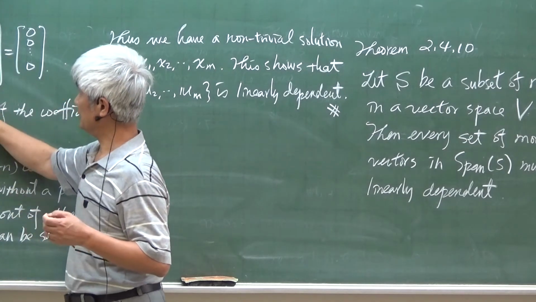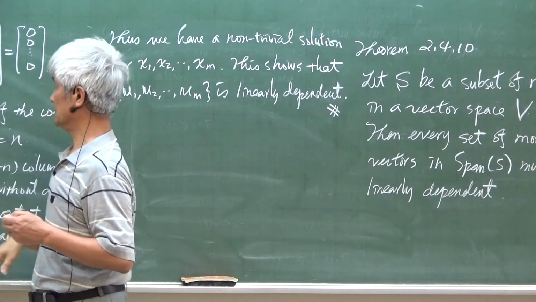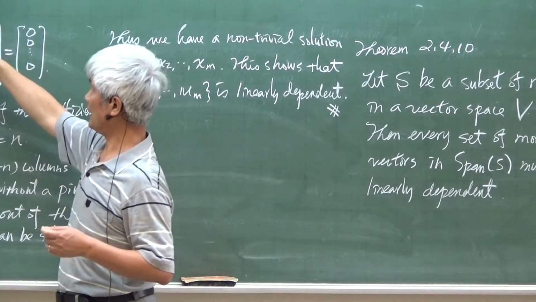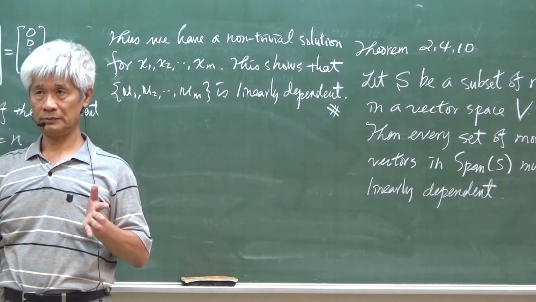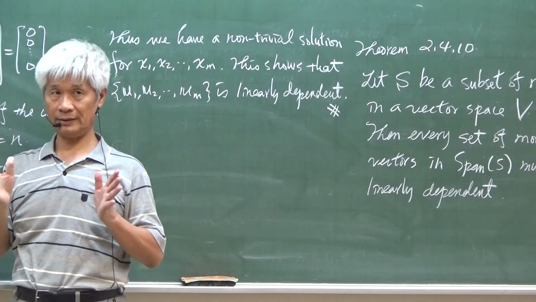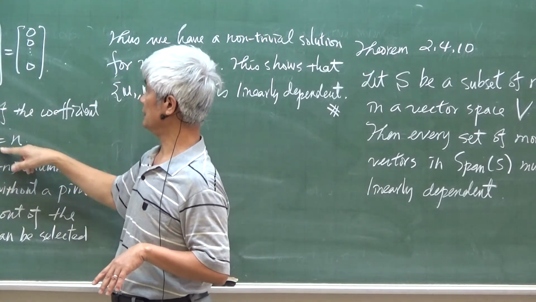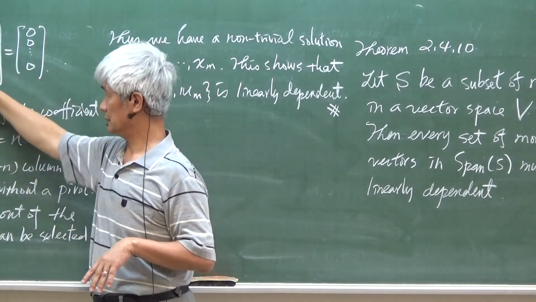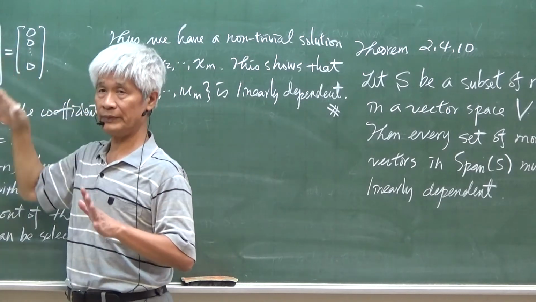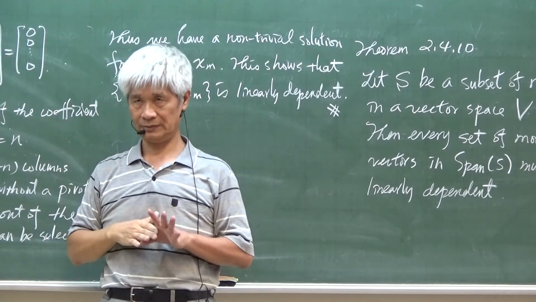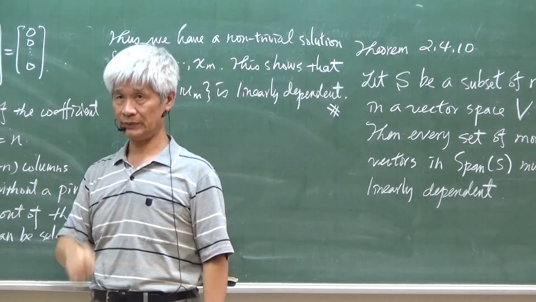And here, because we have more columns than rows, some columns have no pivot. Right? That is a crucial point. Once we know that, the variables corresponding to columns without pivot can be set to be free. So we have at least m minus n free variables.